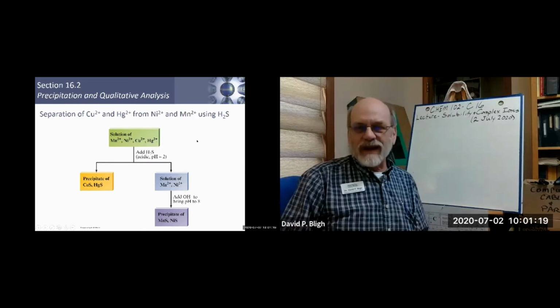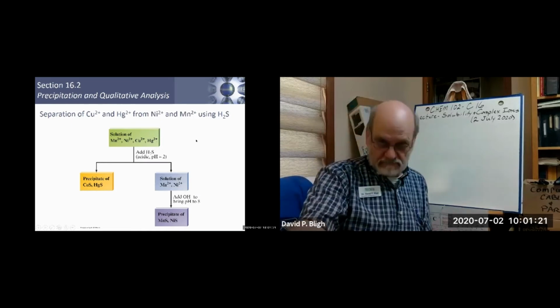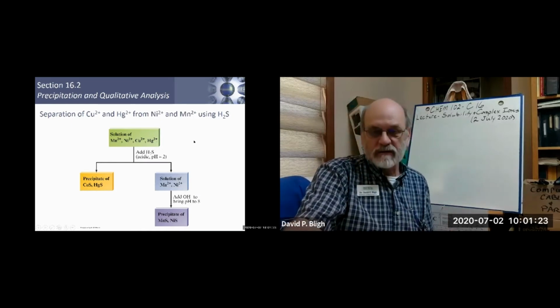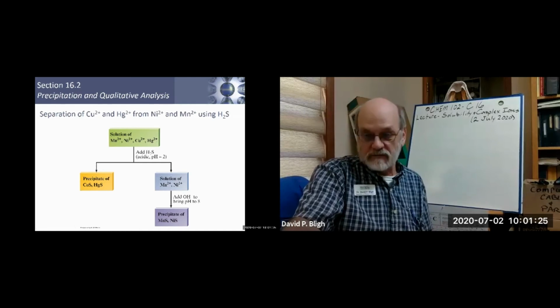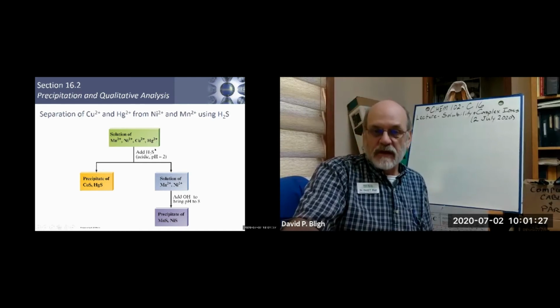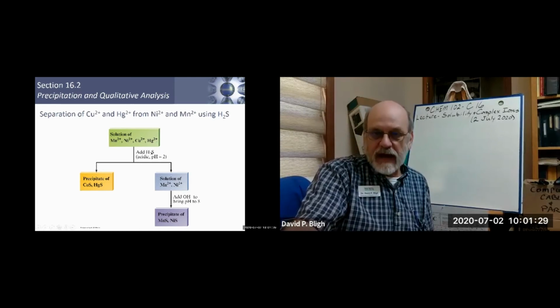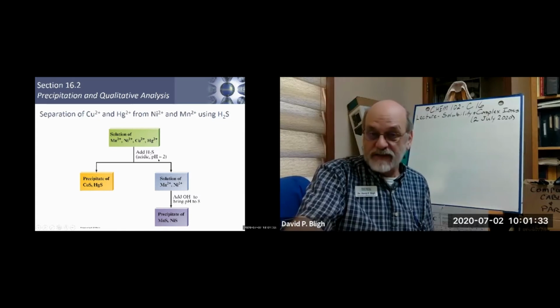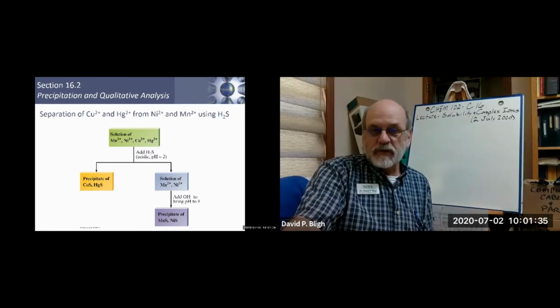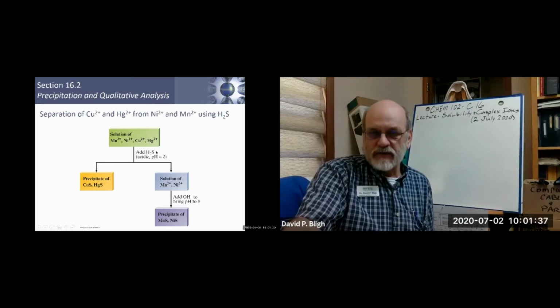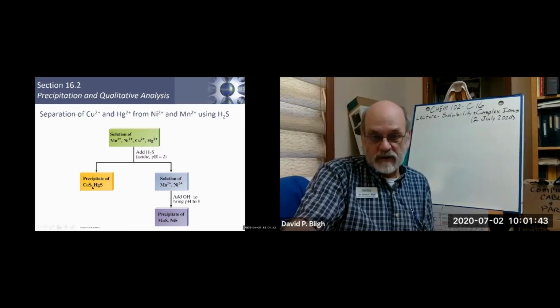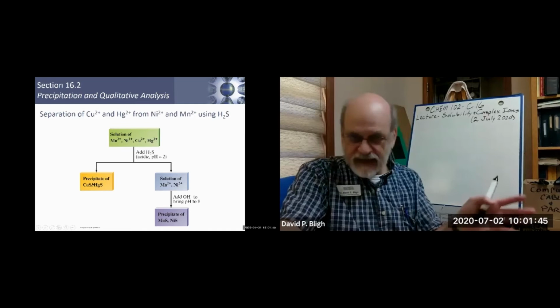So this is what actually happened when we did the work. Say we were in the lab and we did those precipitations. You add acidic hydrogen sulfide, pH of 2 or even less, which produces very small amounts of sulfide. So that selectively precipitates copper and mercury. So here you go. Filter it out.